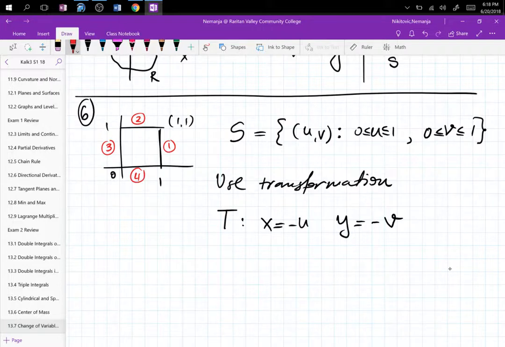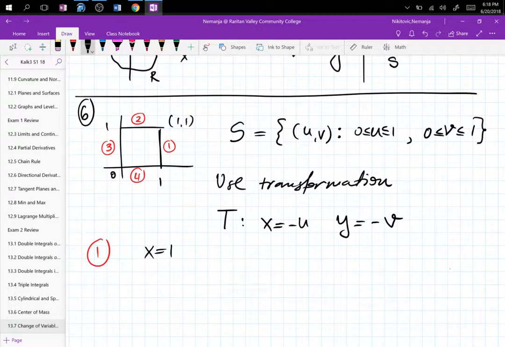So, region number 1, line number 1. First, I'm going to describe this line using mathematical formulas, and then I can do substitutions. So this line is described by 2 equations. One equation is clearly that x is equal to 1 at all times. So x equals 1, and that's actually a vertical line.